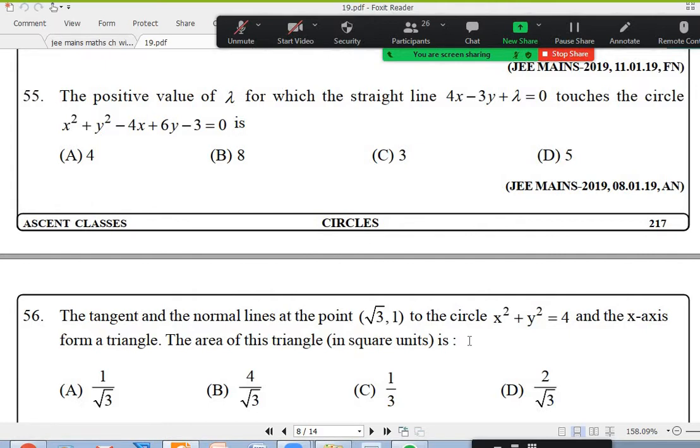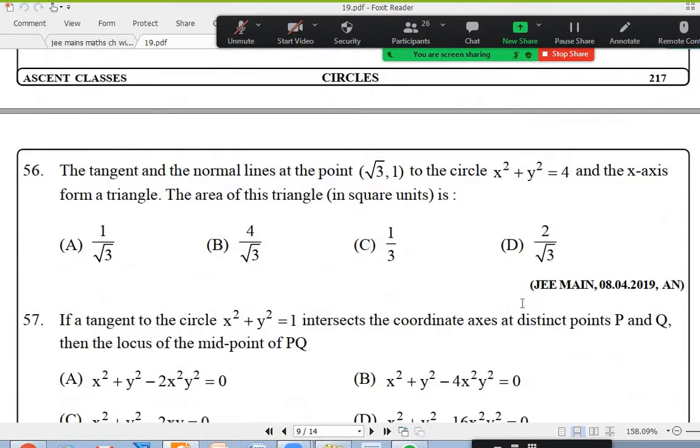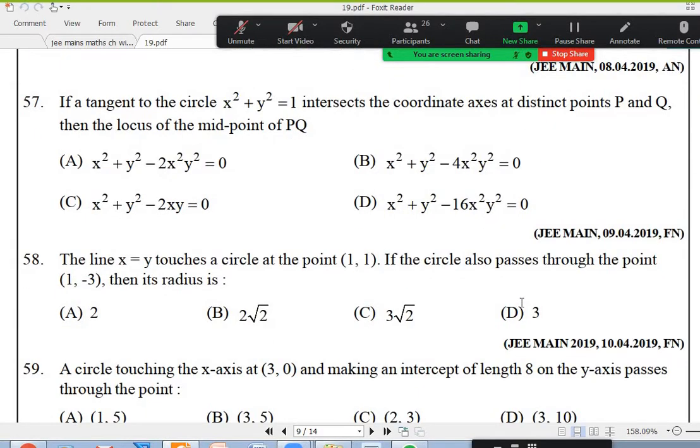If somebody has any doubts before 55, I'll discuss at the end, because last class we discussed some at least. 55 or 56, anybody any doubt? No, sir. 57 or 58?